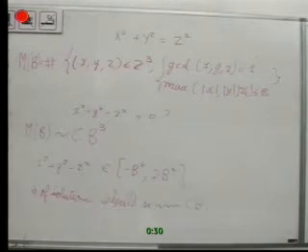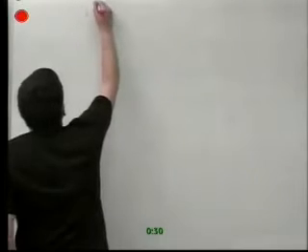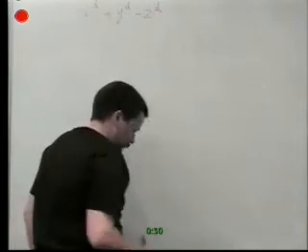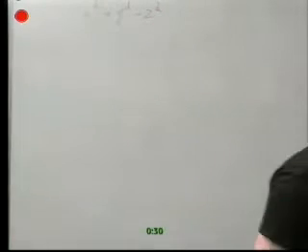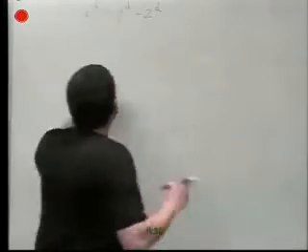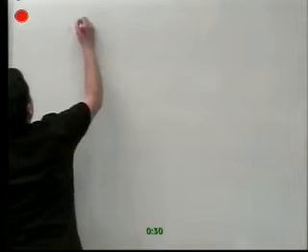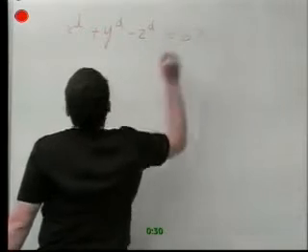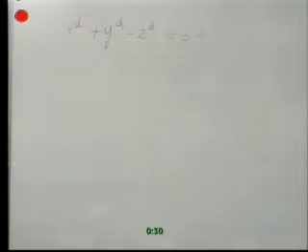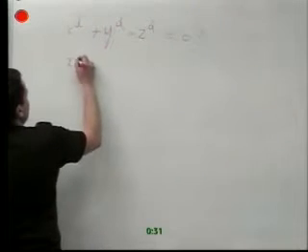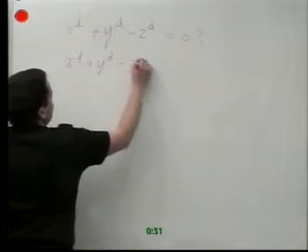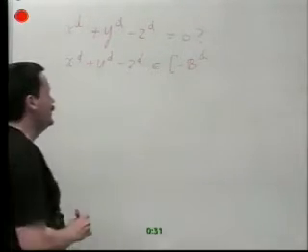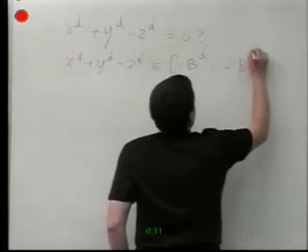Now, if I look at a higher degree equation, let's take x to the d plus y to the d minus z to the d. With the same type of ideas, these numbers belong to the interval from minus b to the d to 2 times b to the d.